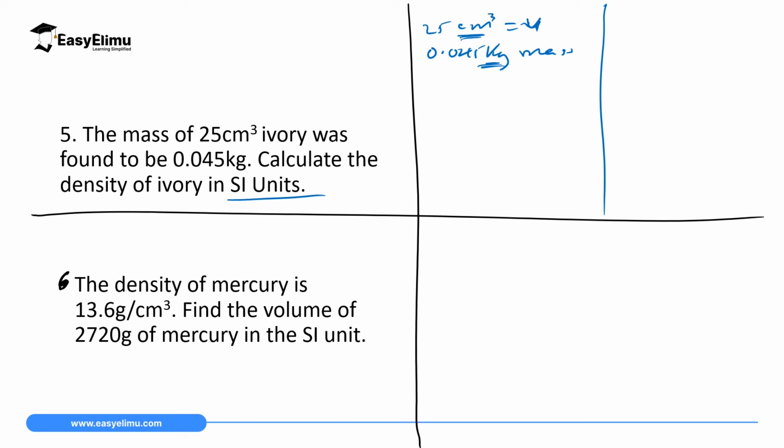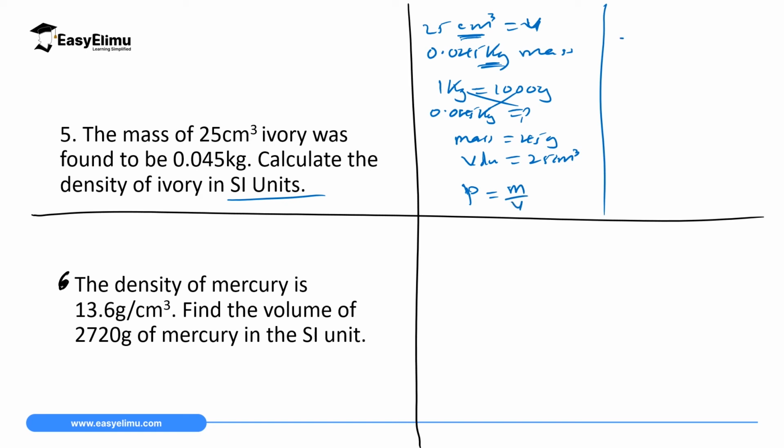So let's convert kg to grams. Then 1 kg is equal to 1000 grams. Then we have 0.045 kgs. How many grams are there? In this case, mass is equal to 45 grams, and our volume is equal to 25 centimeter cubed. Then density is equal to mass over volume.